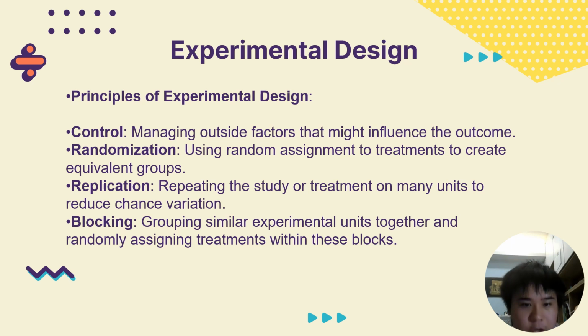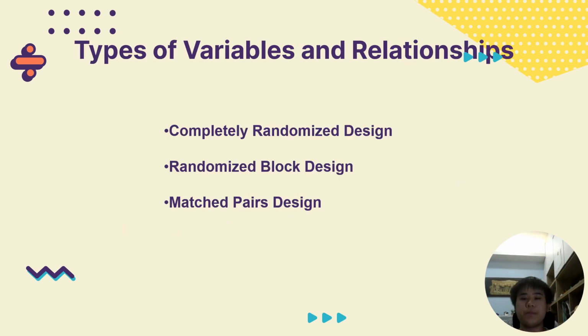And blocking, grouping similar experimental units together and randomly assigning treatments within these blocks. This is really important in this unit because students, you need to be able to identify these three different types of designs. You need to know when to use which and what is what.